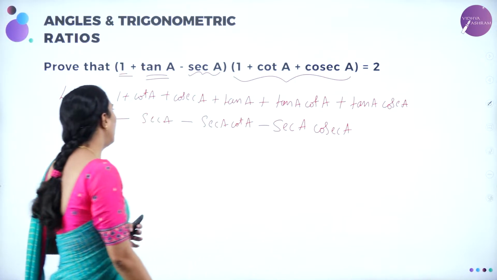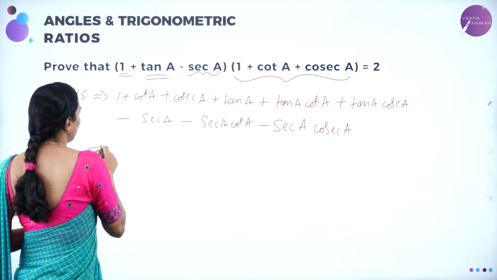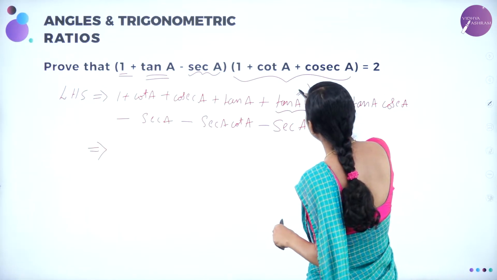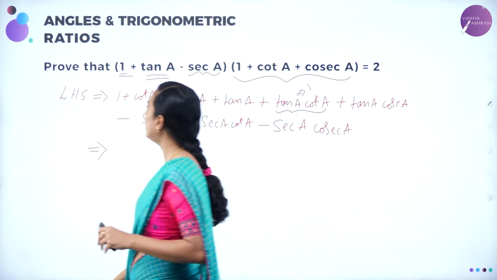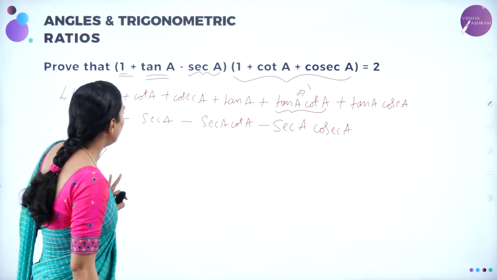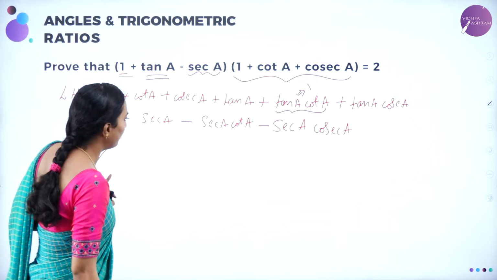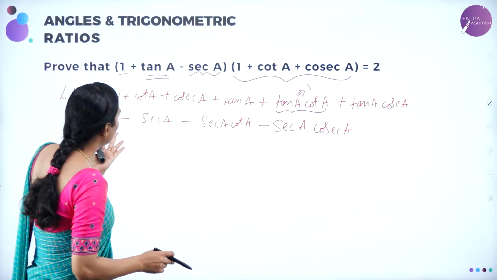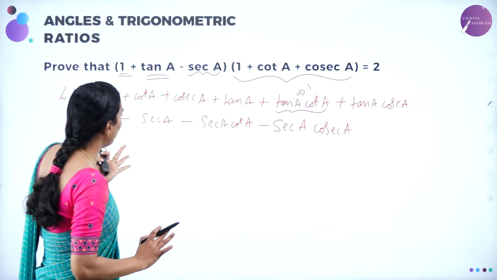Right? Now what will happen for this, which implies 1 plus cot A. See, tan A into cot A is 1 you are going to have. So 1 plus, what will get cancelled, dear students, here? You are going to cancel with plus cosecant A here. Do you have cosecant A anywhere?